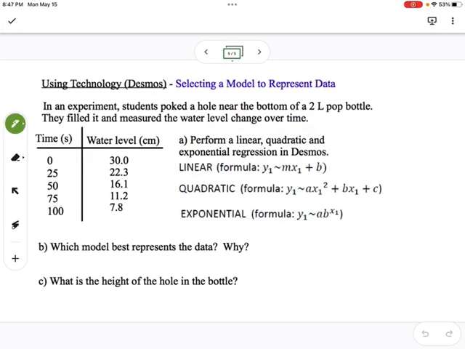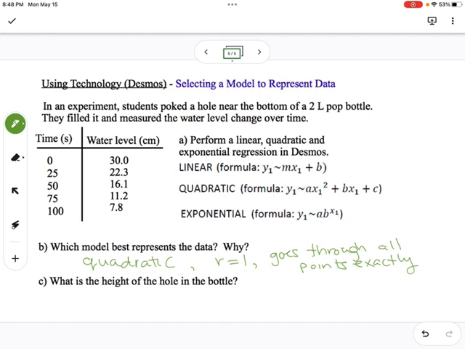Okay, so we're going to pick quadratic, and that is because our correlation coefficient, our R, is equal to 1. Okay, and it goes through all points exactly. Okay, where the other ones are a little bit off.